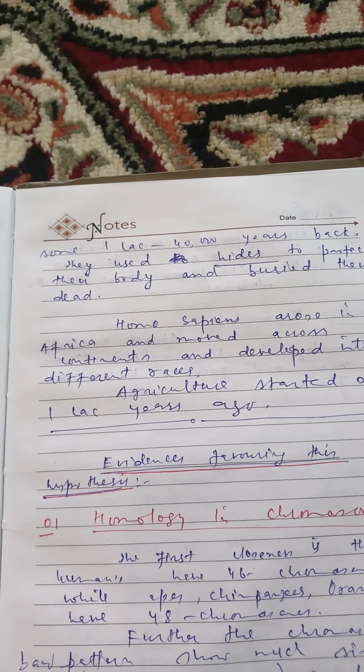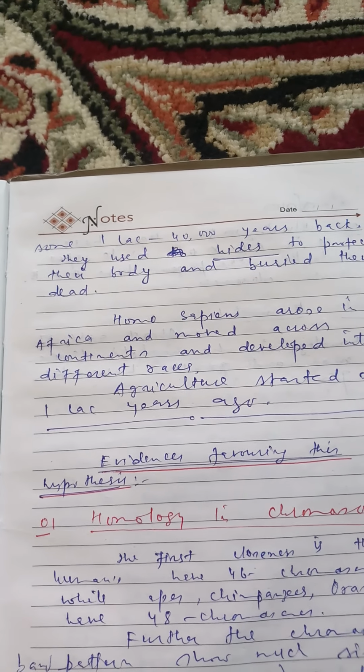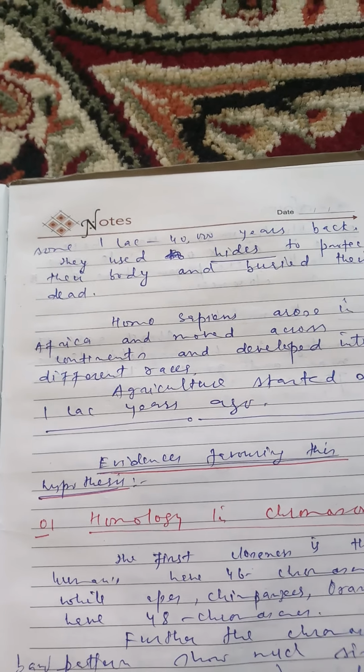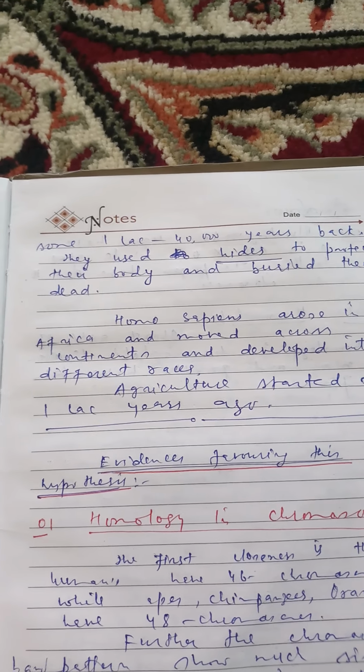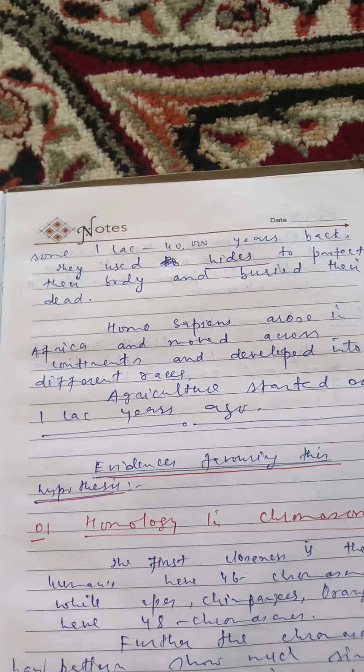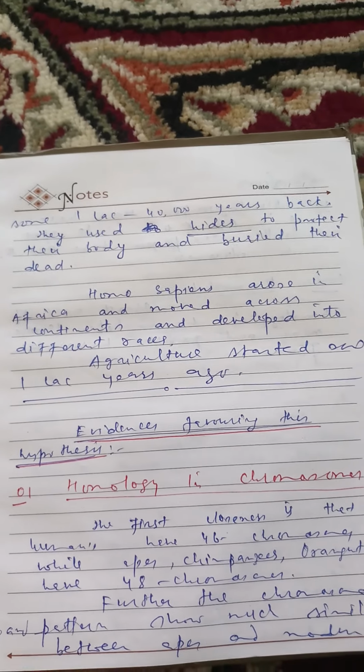And in this way, this Homo sapiens got its evolution from the primates, that is Dryopithecus or Ramapithecus, till the present generation, which is very much available before our eyes.